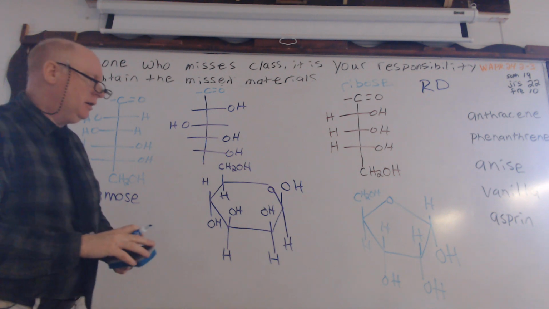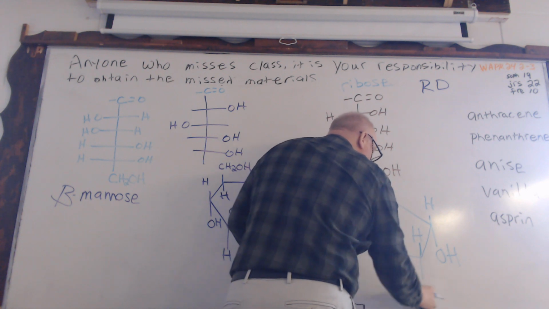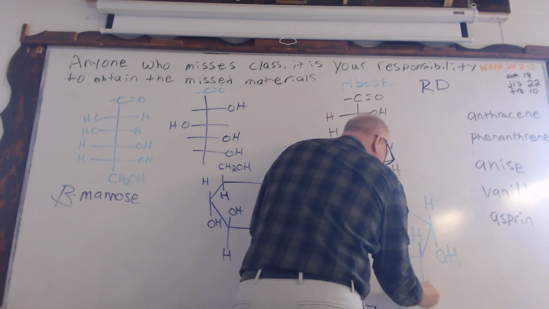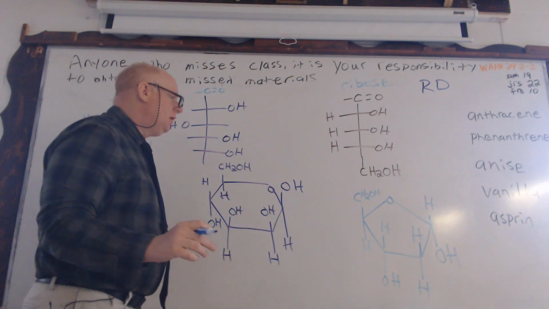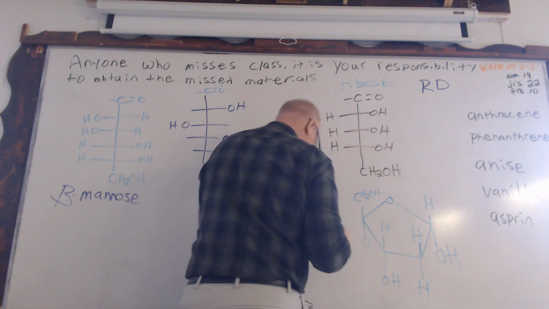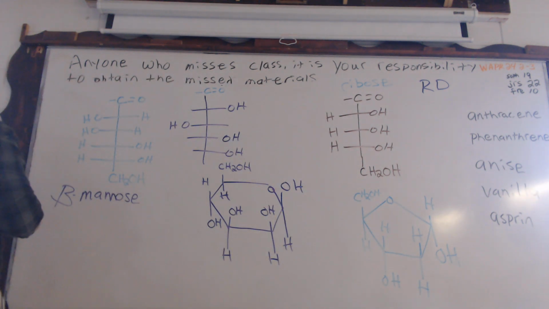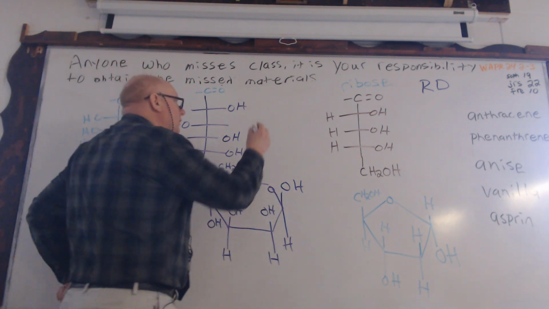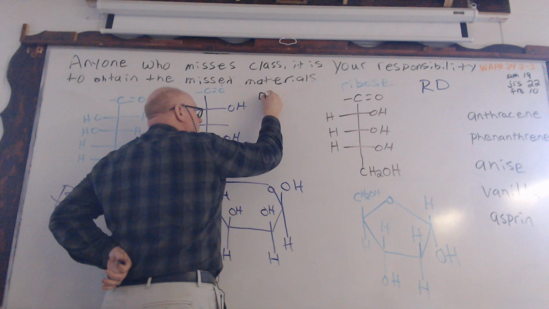And if we take that oxygen off of there, now it's a really, really important sugar. Because now this is lacking in oxygen, and it's at the second carbon, so we would call it this.